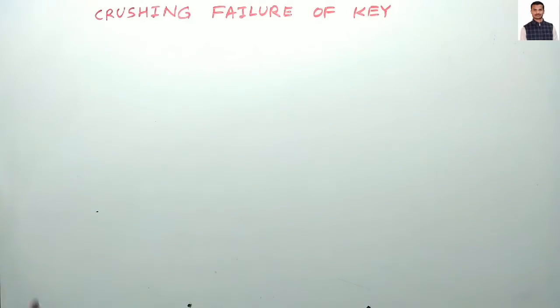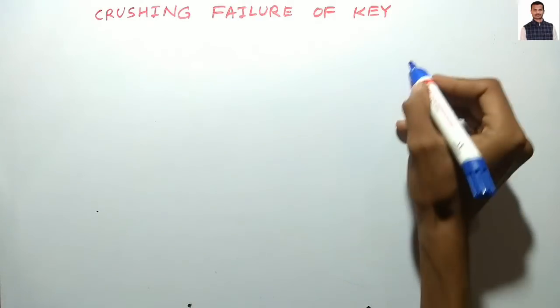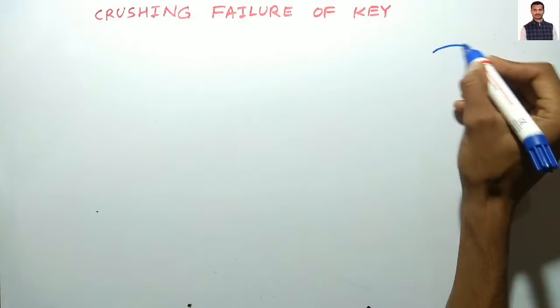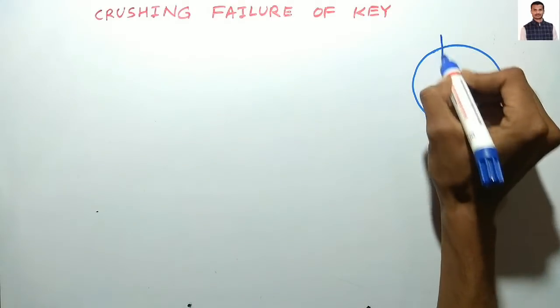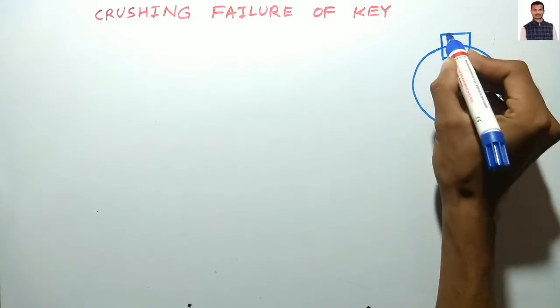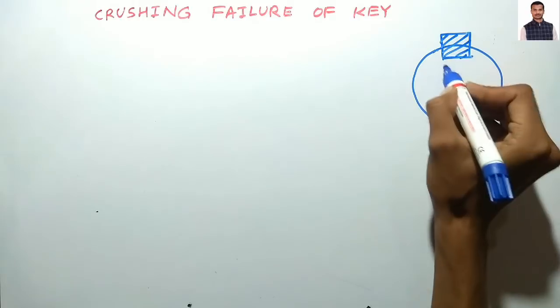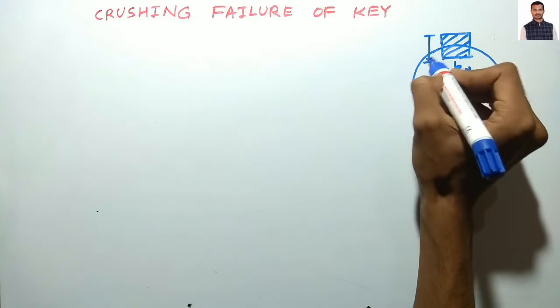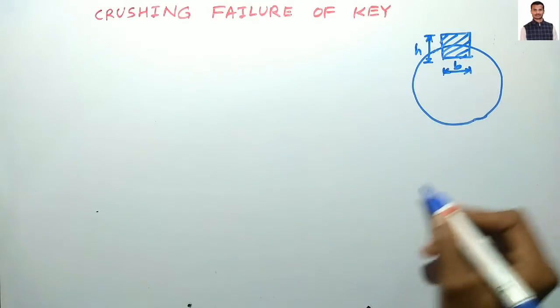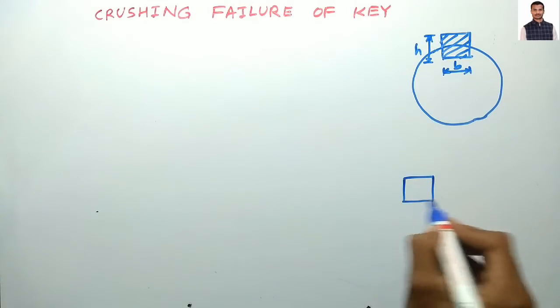Now see the crushing failure of key. So how key will fail in crushing. So if this is shaft, and this is our key, and this is width of key, and this is height of key.